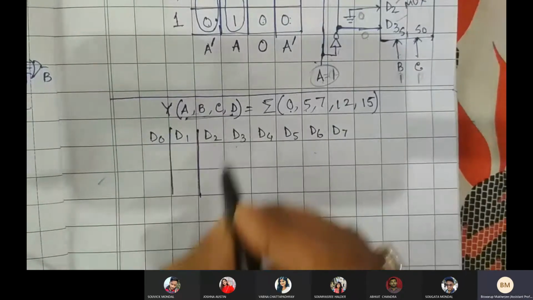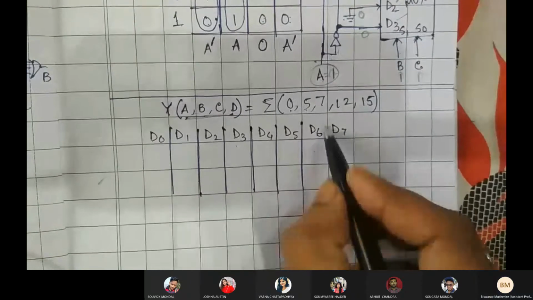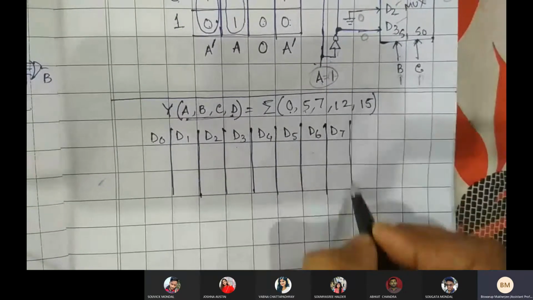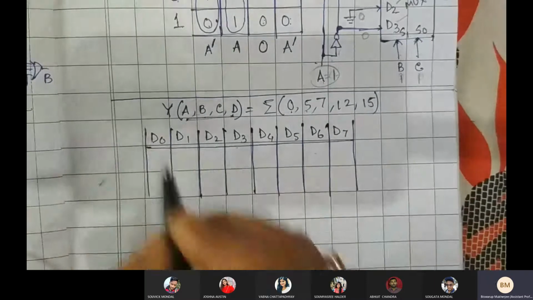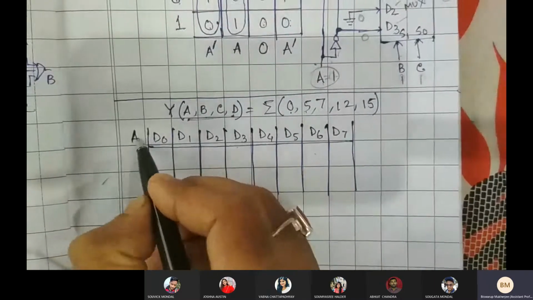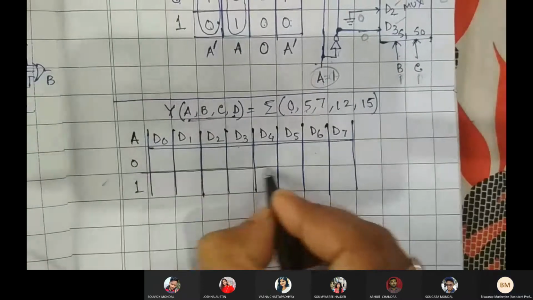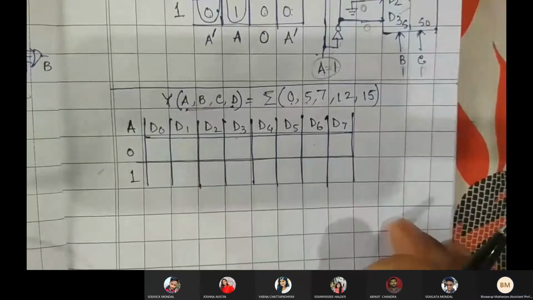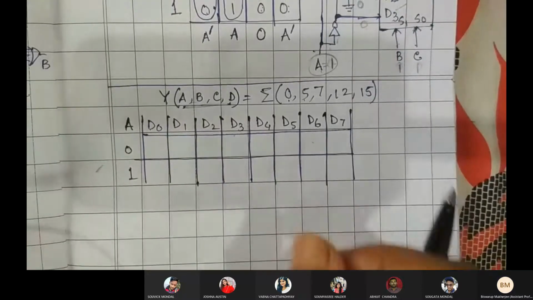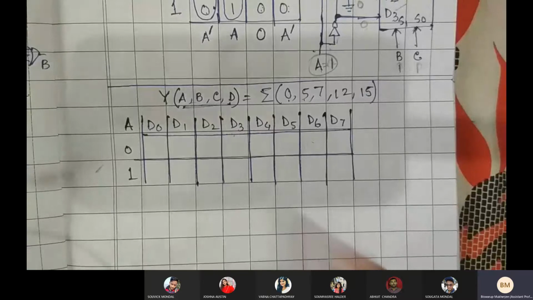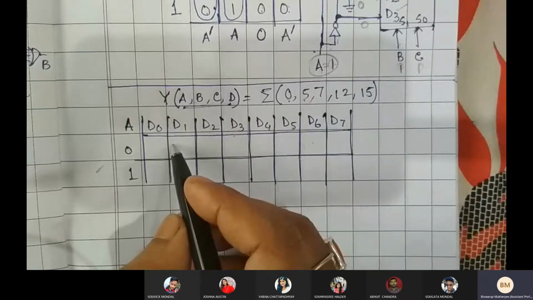So let we have that table like this. In a few books, you can get some other format of table, but I am preferring this one, whatever. So A value 0 and 1. Okay, so now what we are having is 0, 5, 7.